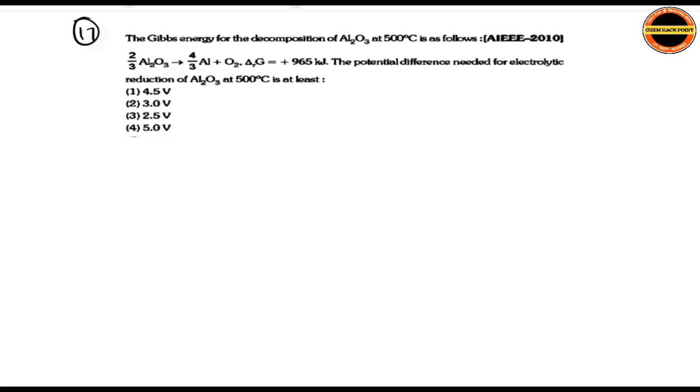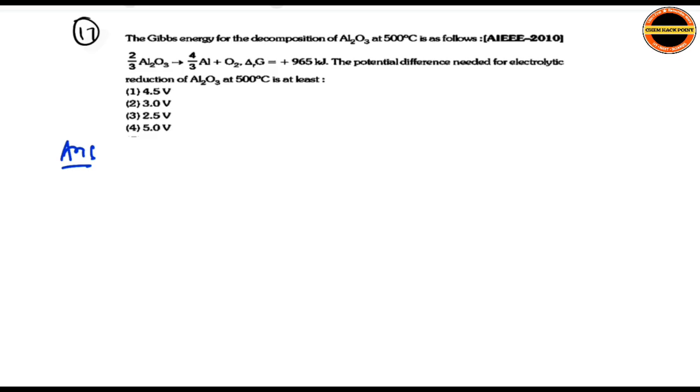See the question, what they are asking: Gibbs energy for the decomposition of Al2O3 is given. First observe the question, everyone. Observe the question, then we will see.